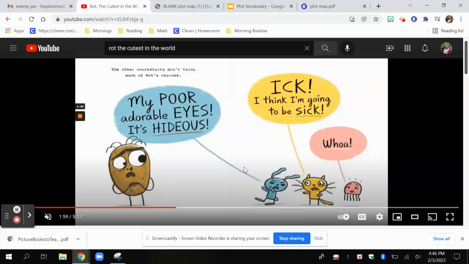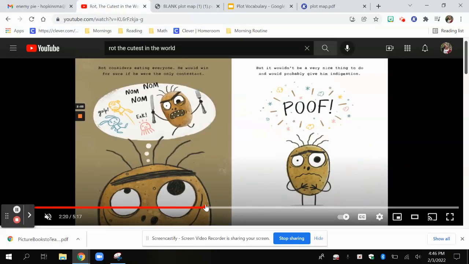Ick, I think I'm gonna be sick. Whoa. They're not being very nice. It kind of seems like a problem. Ooh, Rot considers eating everyone. He would win for sure if he were the only contestant. Nom, nom, nom. Gulp. Eek! But it wouldn't be a very nice thing to do, and it would probably give him indigestion.